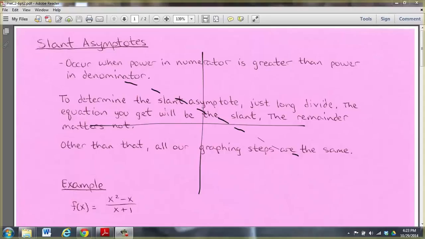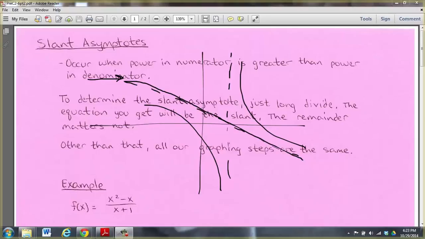And then if you have a vertical asymptote right there, you may have a graph that looks like this. Okay? So the key is, what is the equation of that line? Because this is a line. What is the equation of that line? Because that's what the slant asymptote is. So what we do is we long divide.